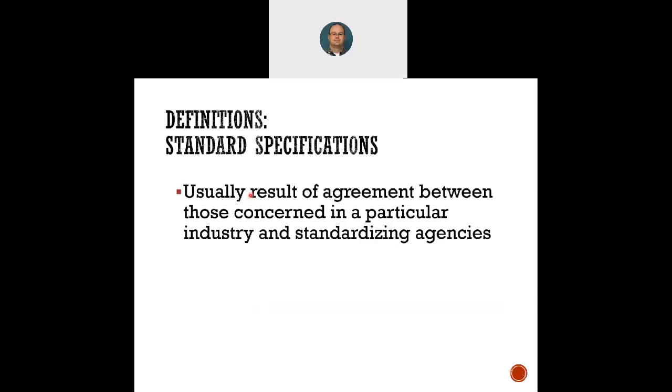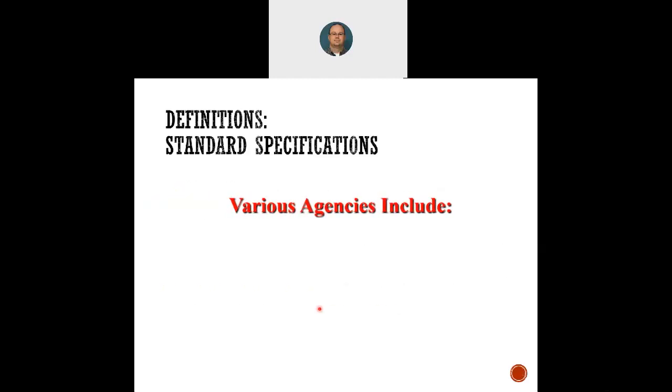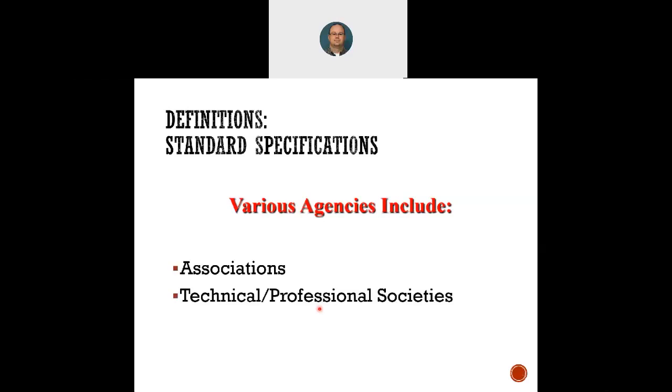Usually a standard specification is the result of agreement between those concerned in a particular industry and a standardizing agency. So again, this is kind of re-going over standard specifications. Acceptance depends on scope of influence and authority of the standardizing agency, and those include associations, American Society of Civil Engineers, Wisconsin Society of Land Surveyors, technical and professional societies, municipal, state, and federal agencies.